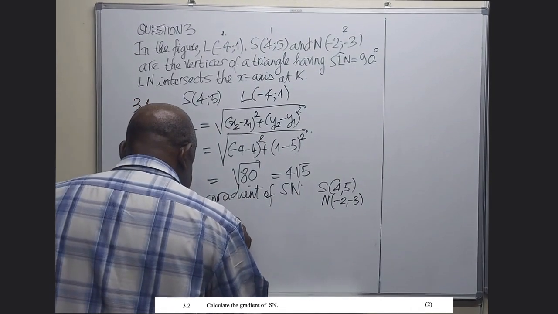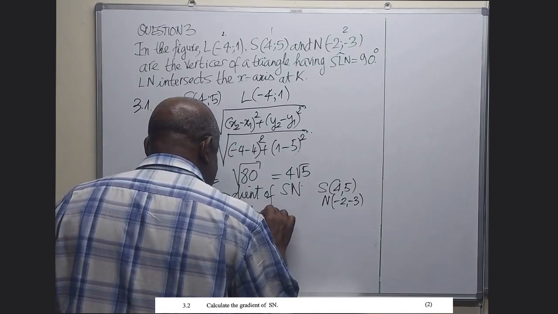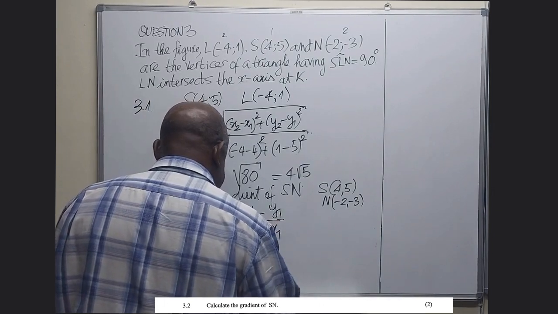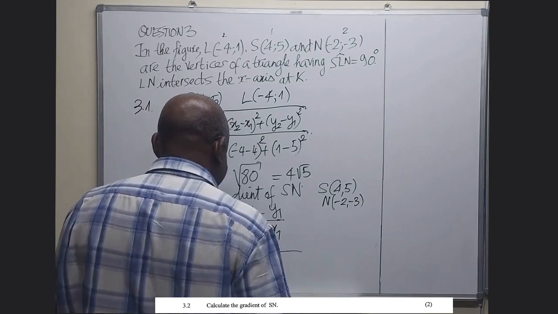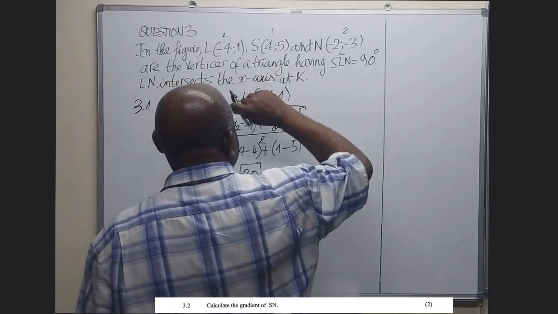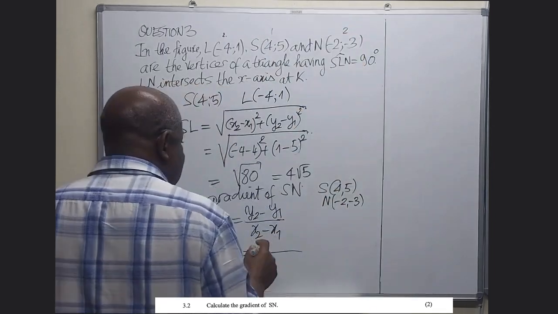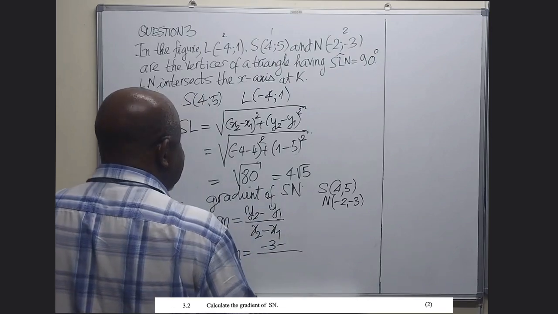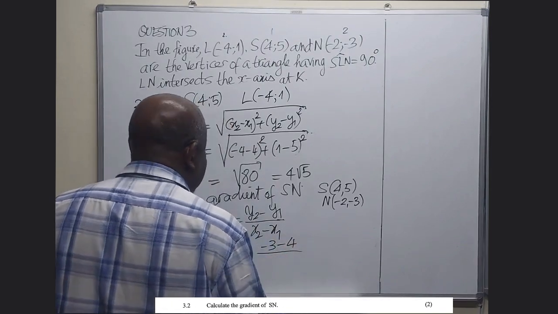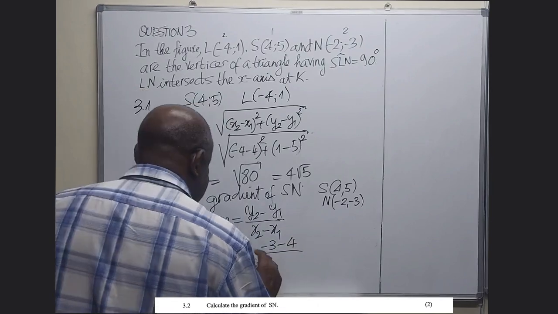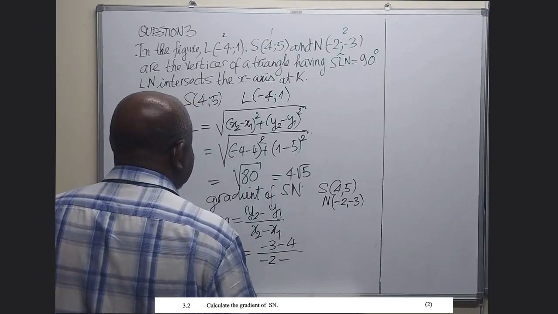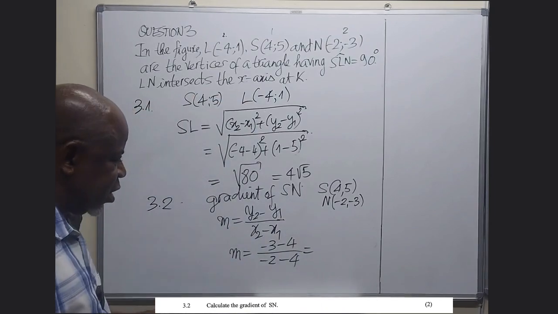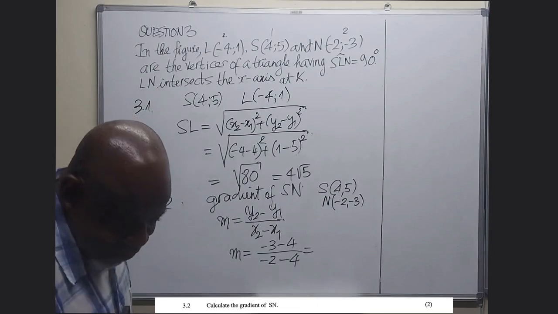I'm going to remind it here. M is equal to (y2 minus y1) over (x2 minus x1). We're going to consider S to be the first point and N the second. So y2 is going to be -3 minus y1, and x2 is -2 minus x1.